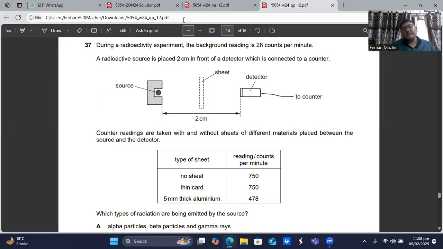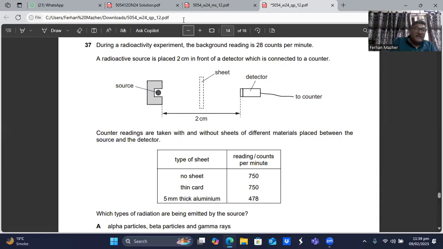It means that if there were alpha particles, they would have been stopped by the thin card, but the reading has not changed, so it is not emitting alpha particles. Then you have 5 millimeter thick aluminium. The reading has dropped to 478. Because there were no alpha particles, but now when you place the aluminium sheet the reading has changed a little bit, it means it has beta particles.